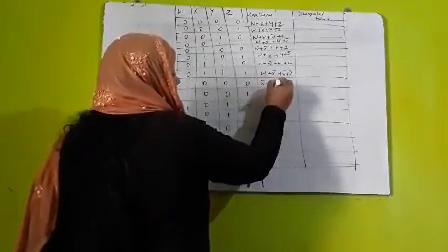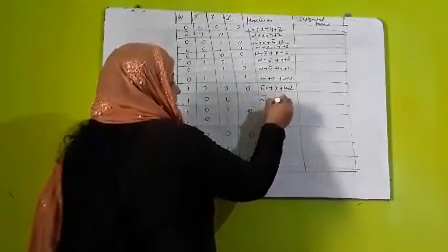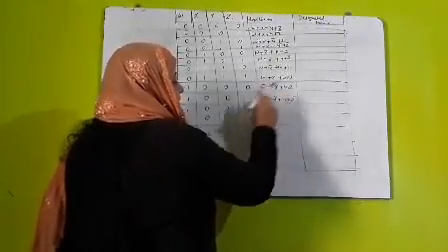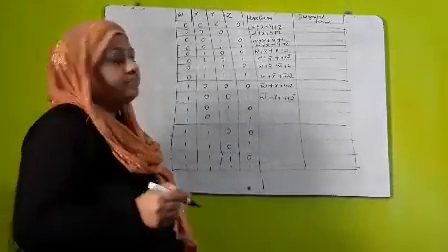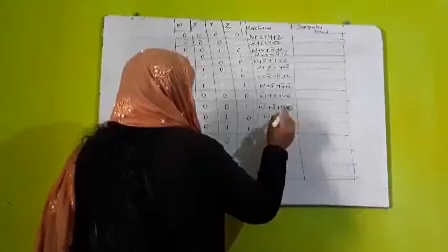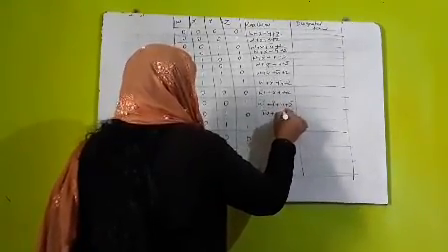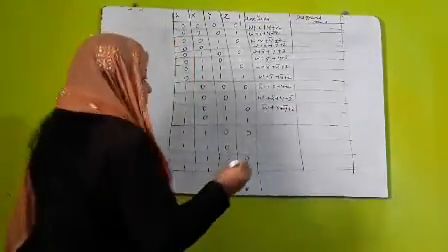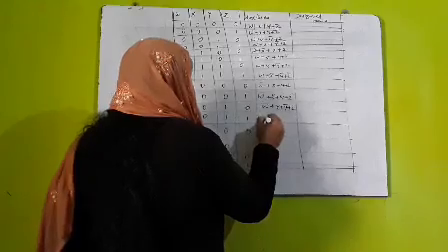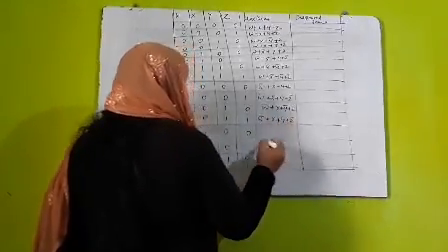W bar plus x plus y plus z. W bar plus x plus y plus z bar, because there is a 1 here. Then w bar plus x plus y bar plus z. Then w bar plus x plus y bar plus z bar.